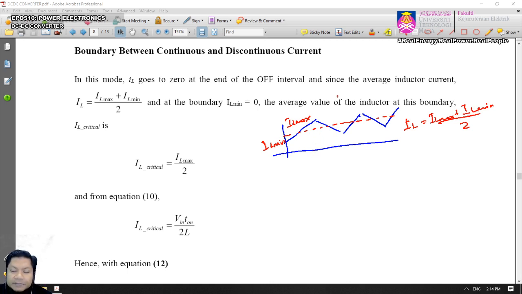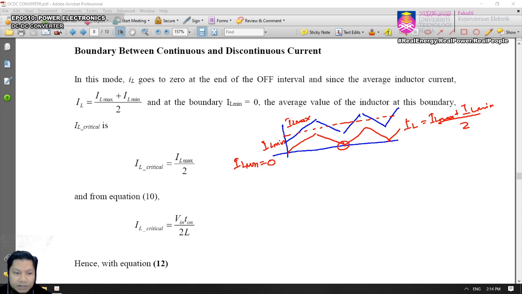And at critical, we're going to see that your current touches the 0 current, and then it will rise again. So this is the boundary condition, whereby IL min equals 0.